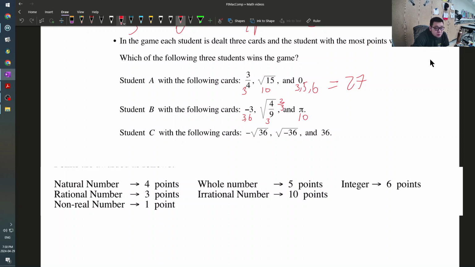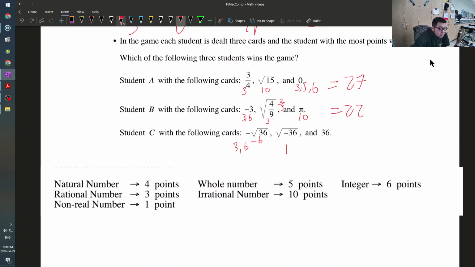Add them together, you get 22 points. So you can see, this is -6. -6 is an integer, so it is rational and an integer, and that's it. So it's 9 points. Square root of 36, that's non-real, one point.